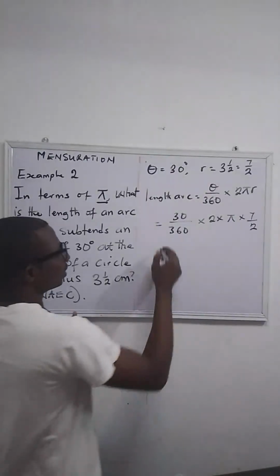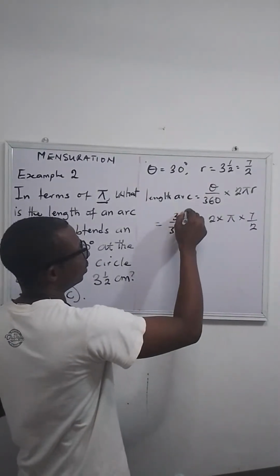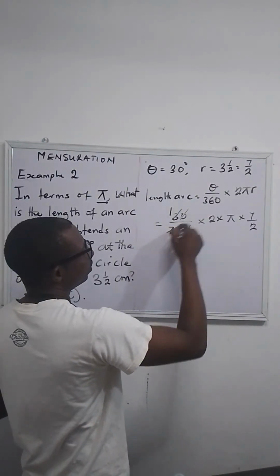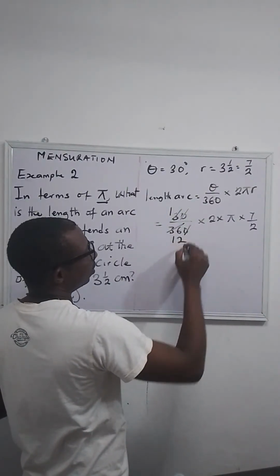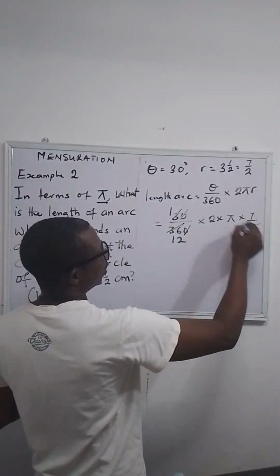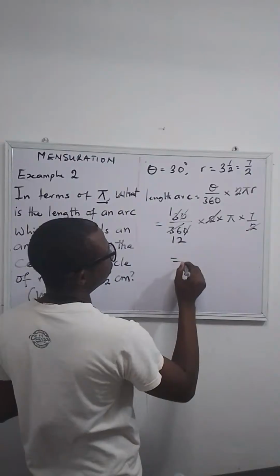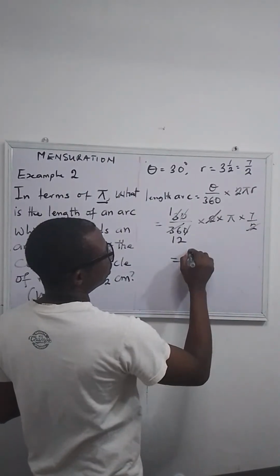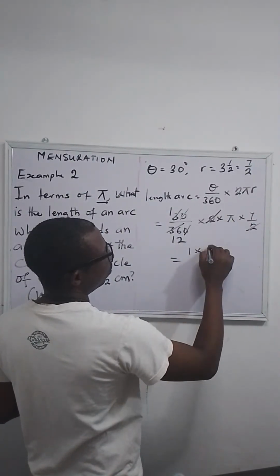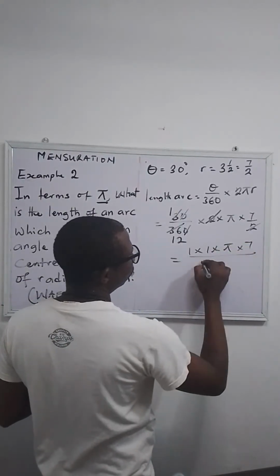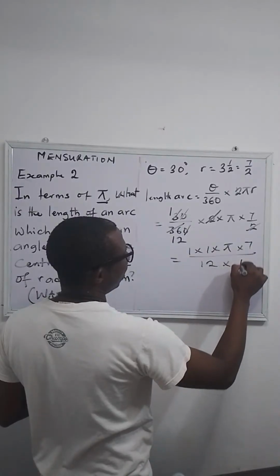Now let's try and simplify. 0 cancels 0, 3 goes there 1, 3 goes there 12. 2 cancels 2 here. So what we have here is 1 times pi times 7/12 times 1.